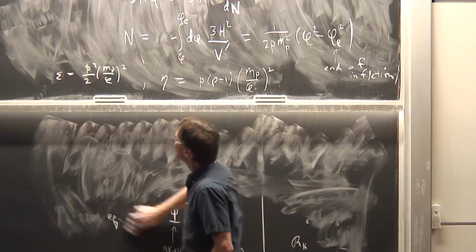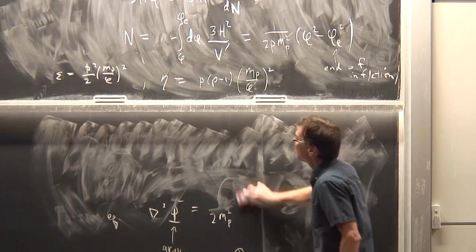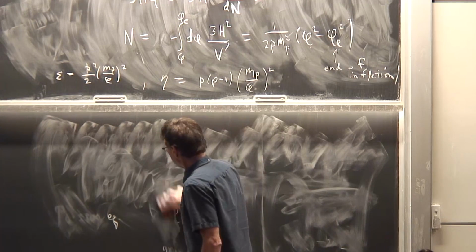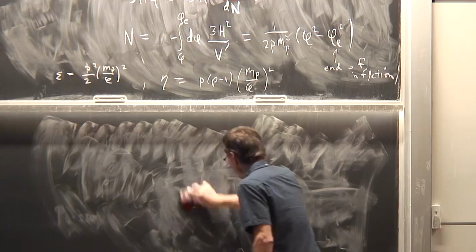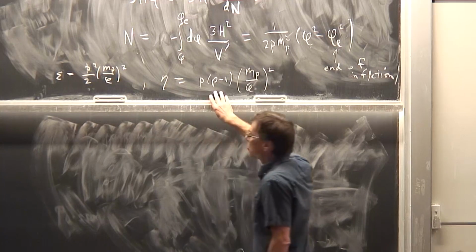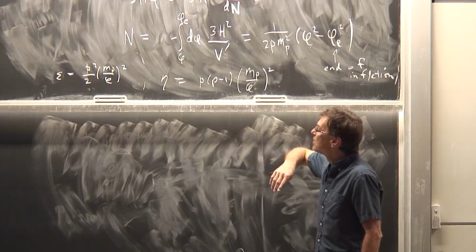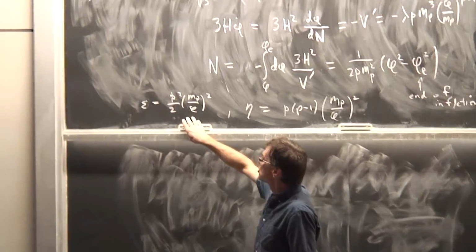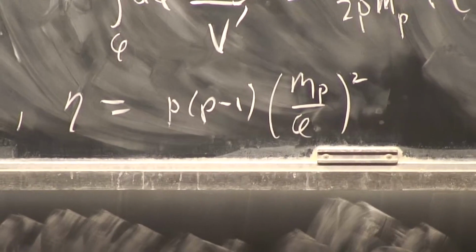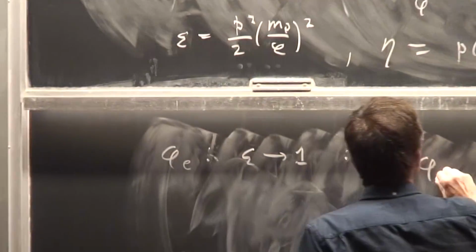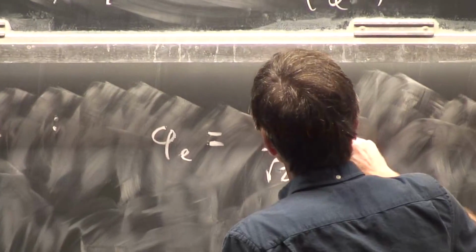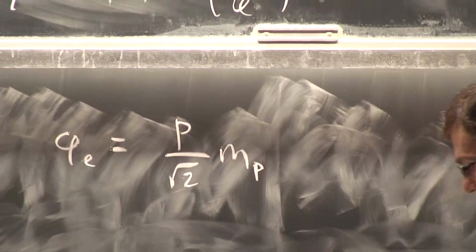And so if you look at those, you'll see that typically, it's not so obvious, but for most cases of interest, this becomes bigger a little bit before this one does. So usually end of inflation is controlled by epsilon going to 1. And so that tells you that the end of inflation is at p over root 2 times m Planck.